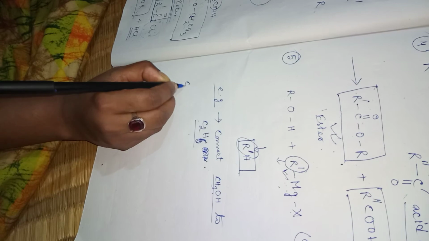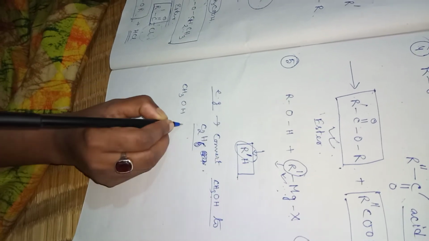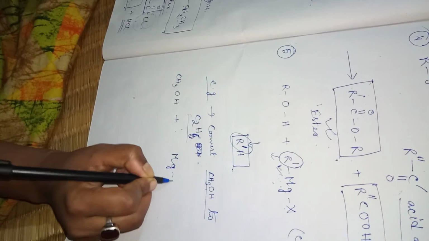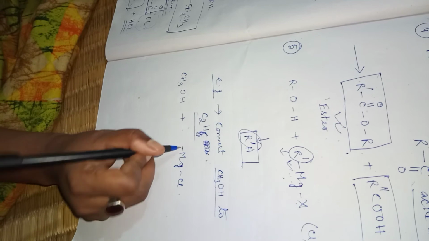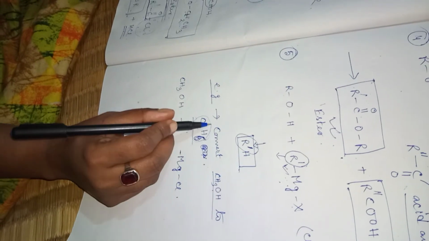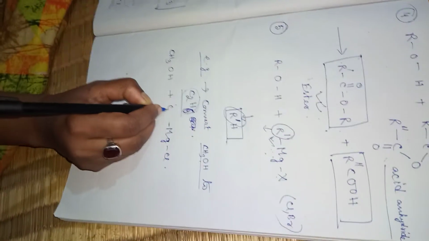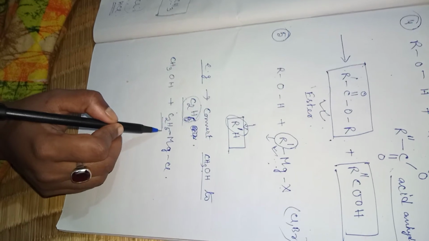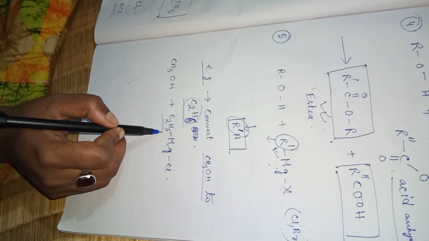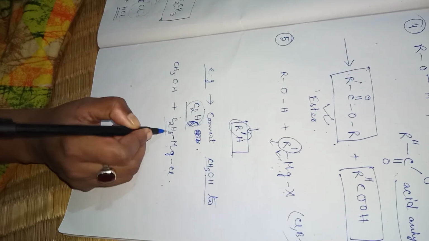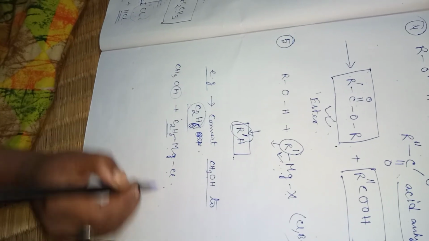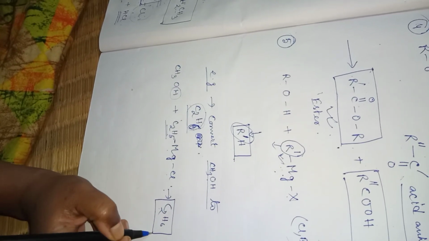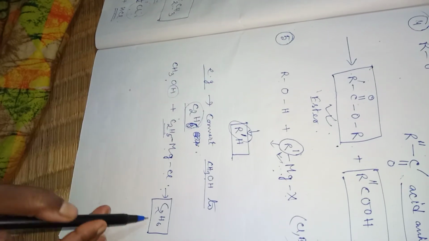You can use CH3OH, but along with this you use the alkyl halide, suppose C2H5MgCl. This C2H5 is the ethyl alkyl group. So if you take C2H5MgCl, then this C2H5 will be added with this H and you will get C2H6, which is our required alkane. So from this alcohol you get the alkane.